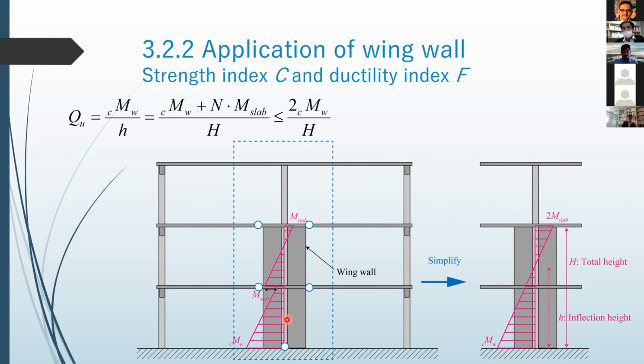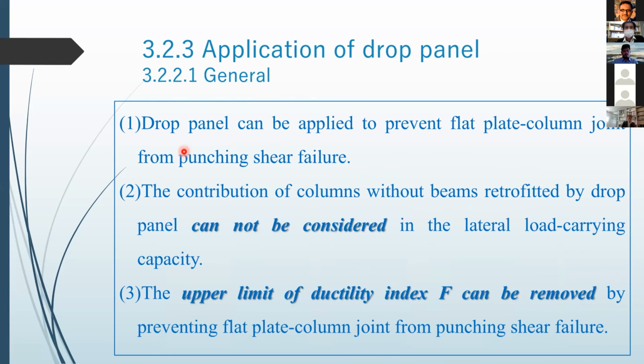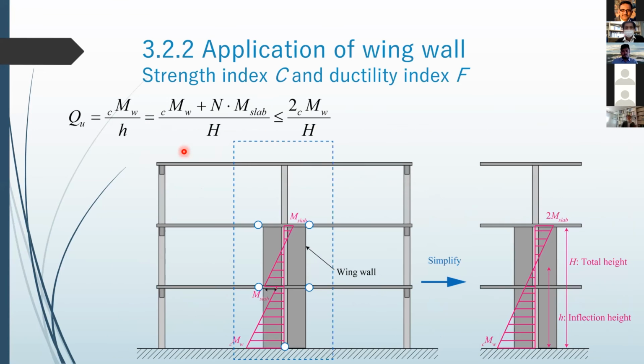And for simplification, we change this moment distribution like the right-hand side figure. So we just gather M slab at the top of the wing wall. This is the reason why we use this equation to calculate QU. And so now we can calculate QU. So after calculating the C index and F index, we can go to the general flow.